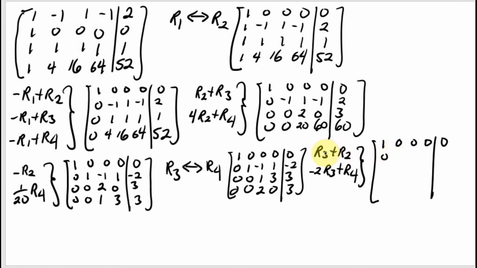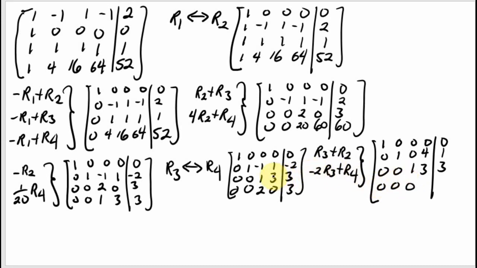So I'm adding row 3 to row 2. So this is 1, 0, becomes a 4, and that's a 1. It's a 0, 0, 1, 3. Row 3 stays the same. And then we say negative 2 times row 3 plus row 4. So this is 0, 0, 0.